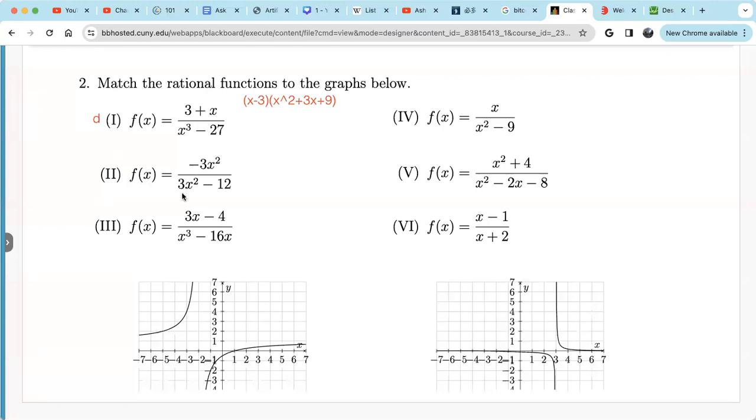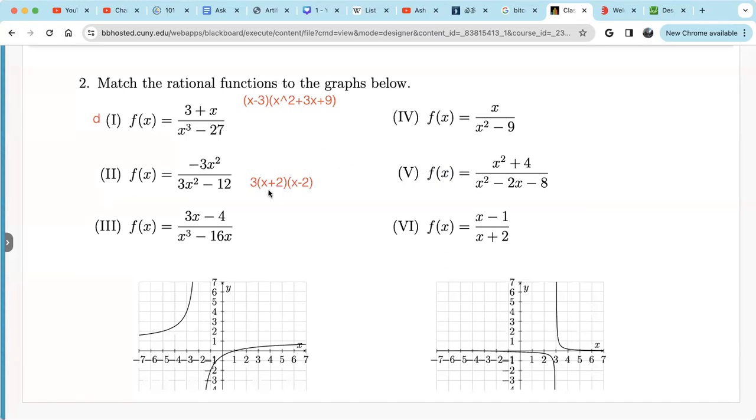Now let's look at 2. Let me bring up the denominators. We focus on the denominator, looking for vertical asymptotes, right? We can factor out 3. Once we factor out 3, we have x squared minus 4, which can be factored as x plus 2, x minus 2.